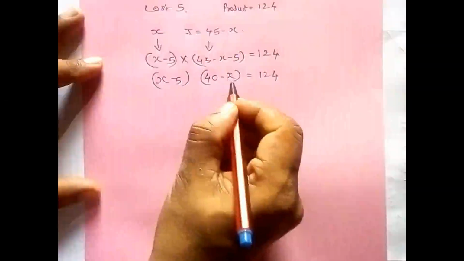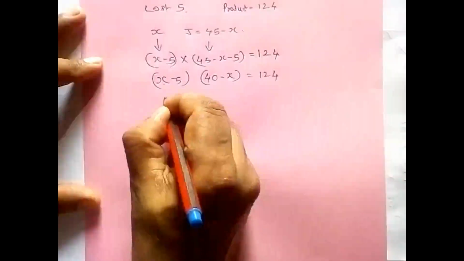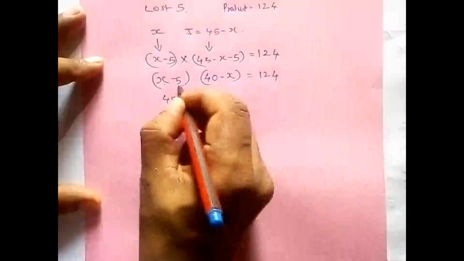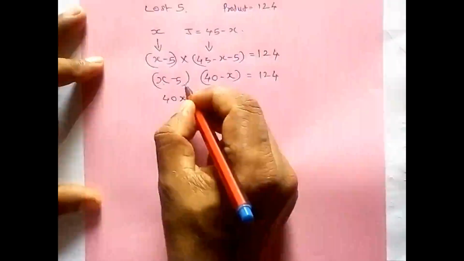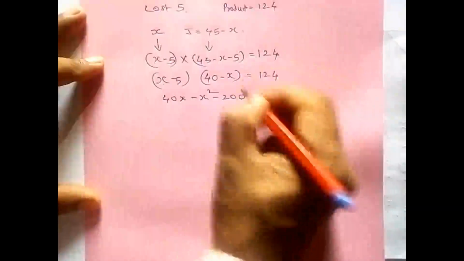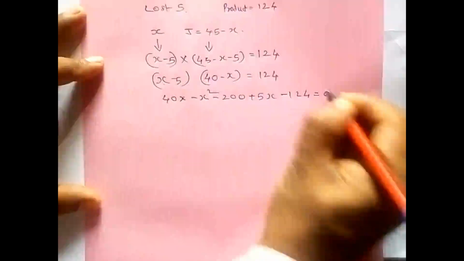We will multiply here. x into 40 is 40x, x into minus x is minus x square, minus 5 into 40 is minus 200, minus 5 into minus x is plus 5x. Then minus 124 equal to 0.